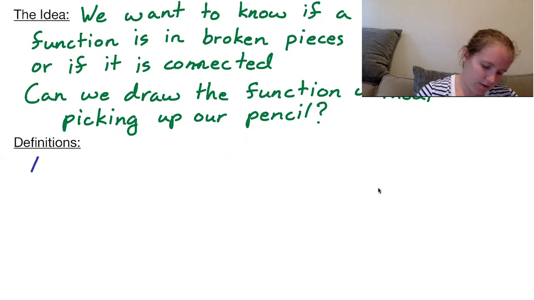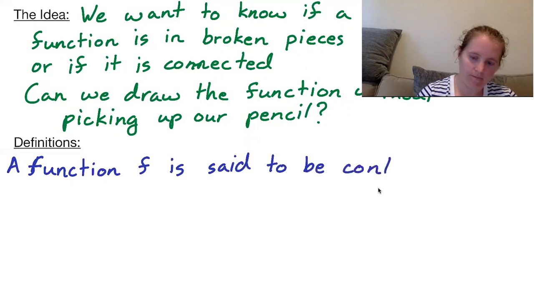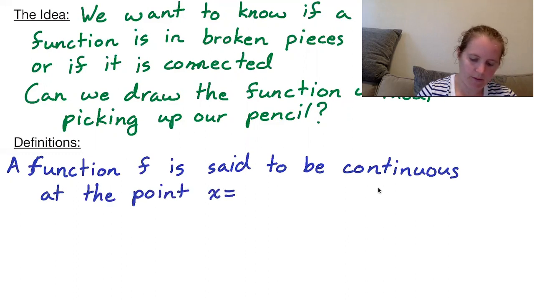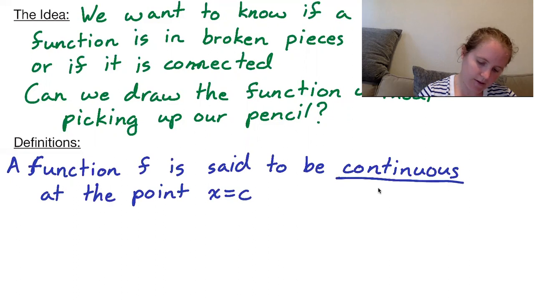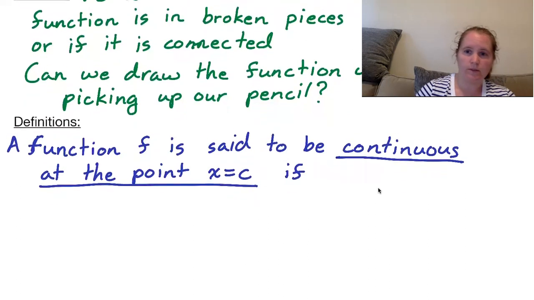So a function f is said to be continuous at the point x equals c if the following is true.